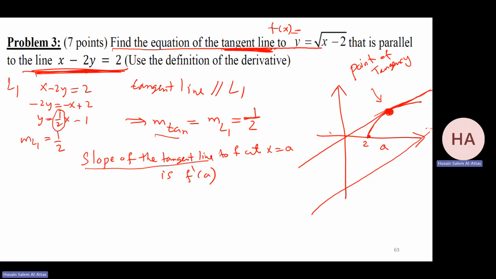The slope of the tangent line at x equals a is what? f prime at a. I know f. f of x is (x minus 2) to the power half, where I can find this derivative. I will do it now by the definition. (x minus 2) to the power minus half.